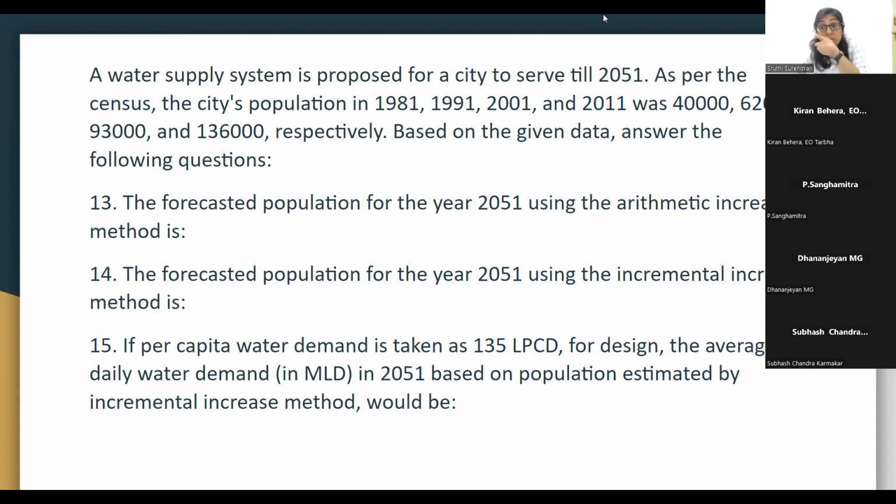2,64,000. Kiran and Mujahid. Okay. The 14th one, that is using the arithmetical increase method. Now using the incremental increase method.